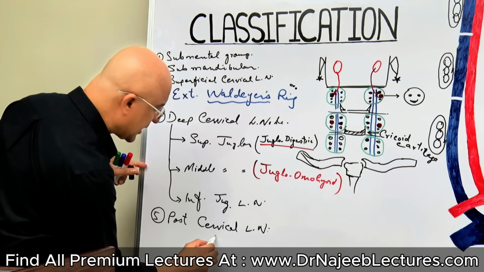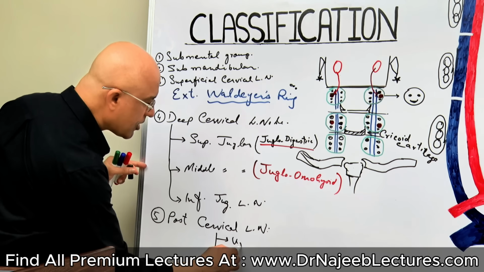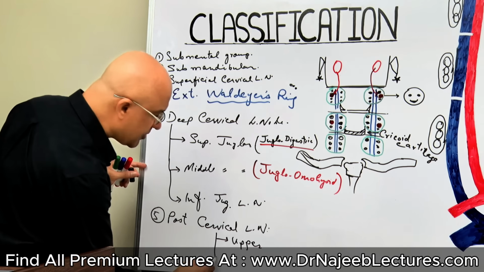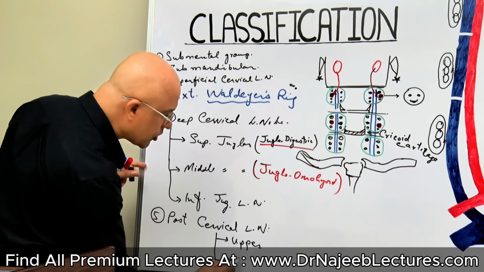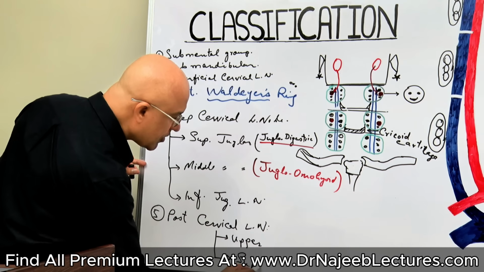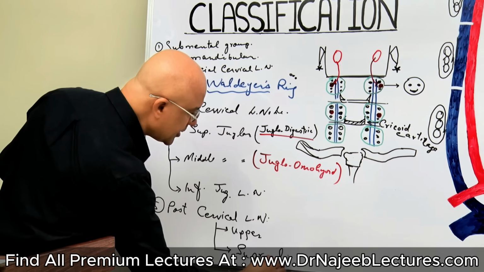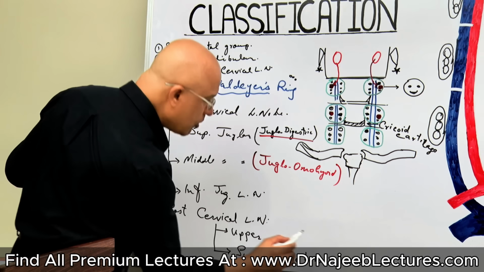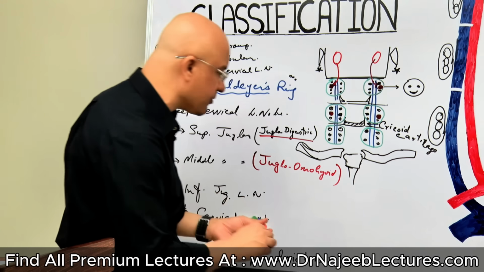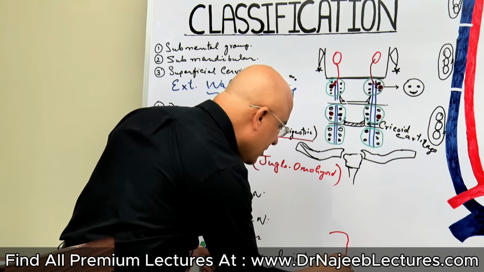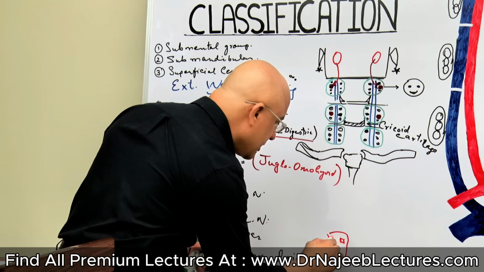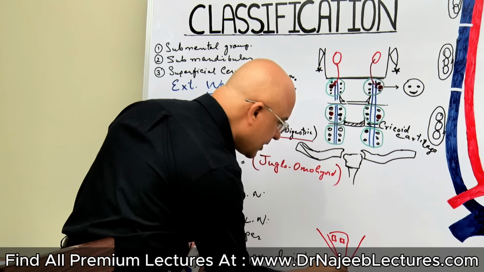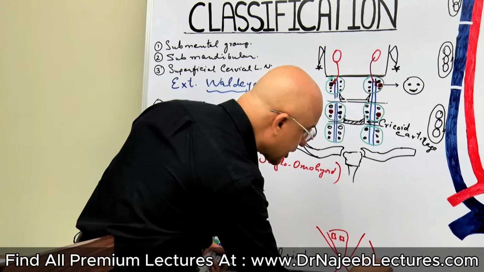Out of that, I said there is upper group, which is along the spinal accessory nerve, and then there is lower group, which is supraclavicular lymph nodes. Out of the supraclavicular lymph node, one lymph node is very important. I will draw here. Oh my God, it's very, very important.